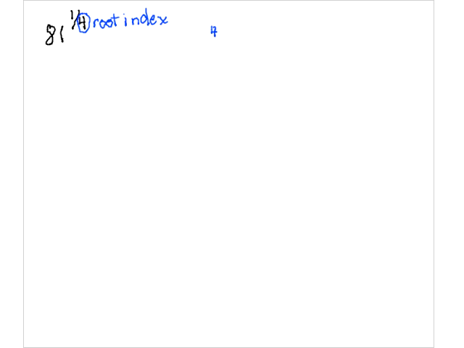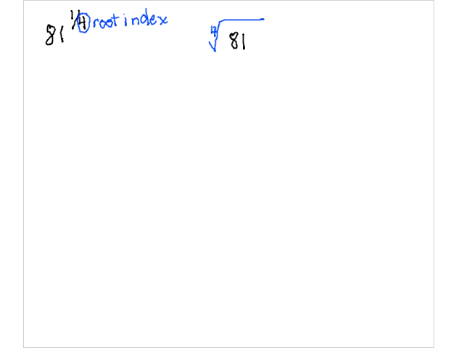So that really means the 4th root of 81, and the 1 is the actual exponent. 81 to the 1st power is just 81, so we don't really need that 1. It's just another way of writing the 4th root of 81. 81 to the 1/4 power would be 3, because 3 to the 4th power is 81.